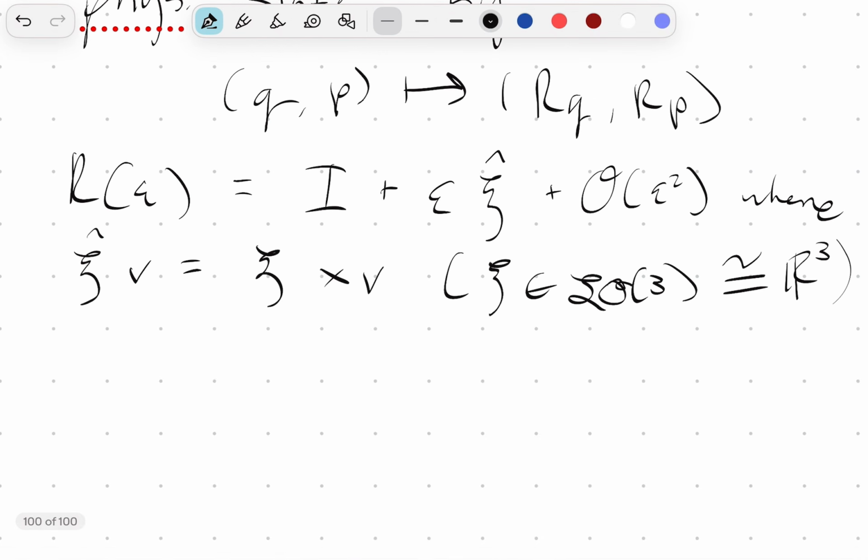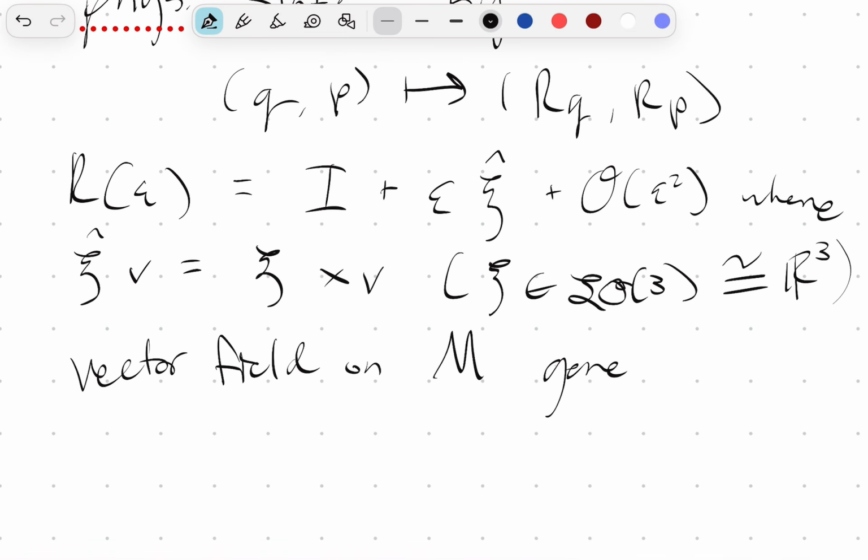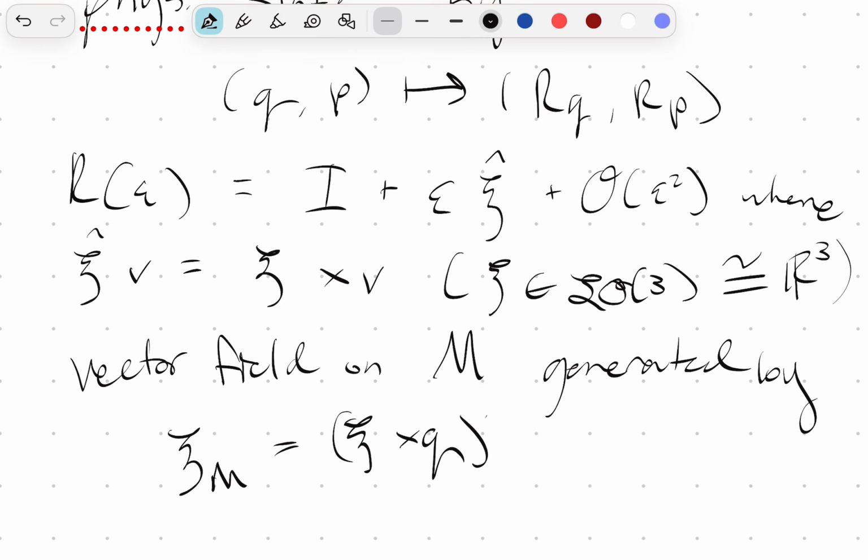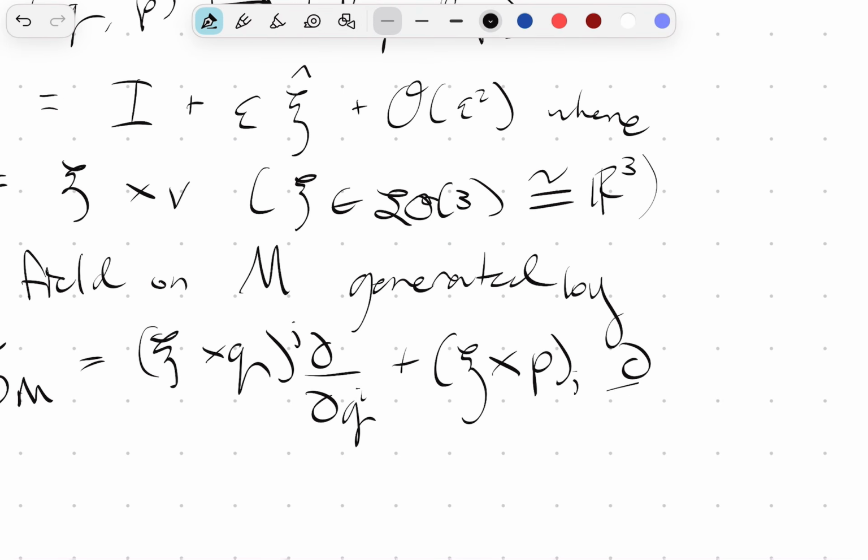And the vector field generated by this symmetry, where basically it's a vector field on M, on the phase space, generated by this C cross q_i, and here's our generators, dp_i.